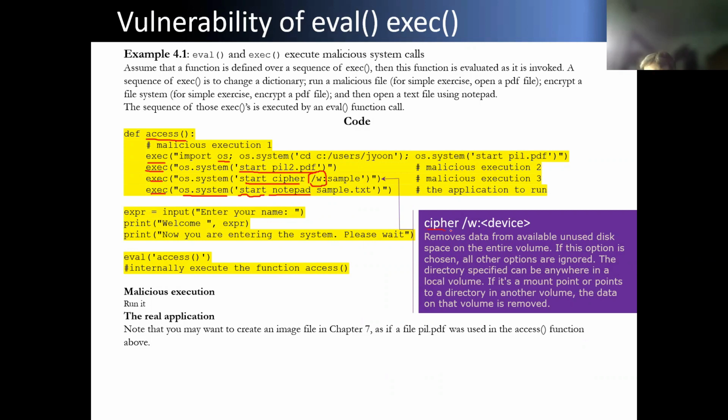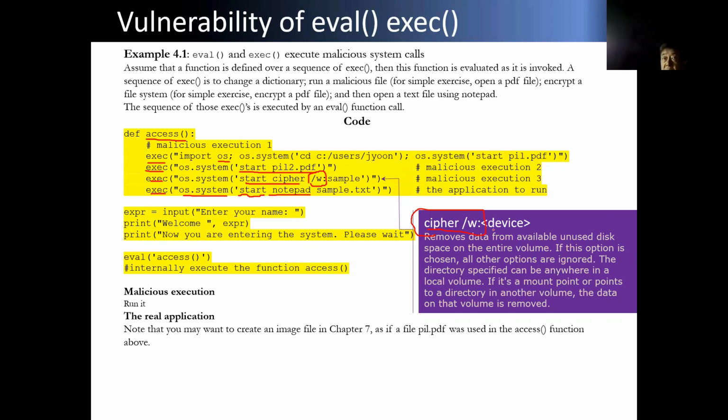If you have /W and colon, and then followed by device, the device could be one specific storage system. On Windows, it'll be the C drive, E drive, F drive. On Mac, it could be mounted to that Linux operating systems.